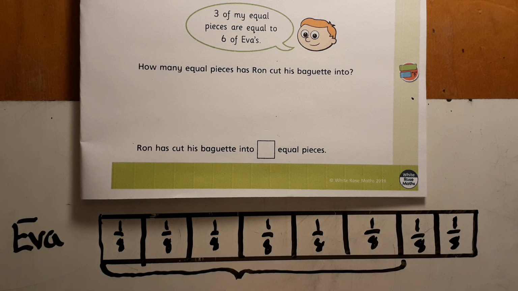Alright, so I can see that through my bar model. I would get here 2 8ths, the equivalent of 2 8ths here. If it helps, I'll put 6 8ths there. Okay, and here, and I can now see that Ron must have divided his baguette into 4 equal pieces.